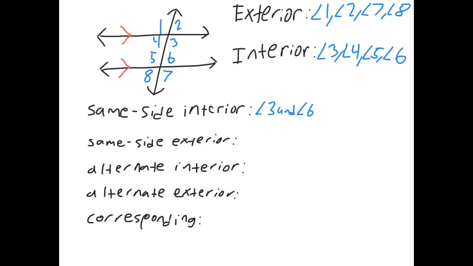There's also another pair of same side interior angles, 4 and 5. They're on the other side, but they're on the same side as each other, and they're on the interior, in between the parallel lines. So angle 4 and angle 5 are also same side interior angles.